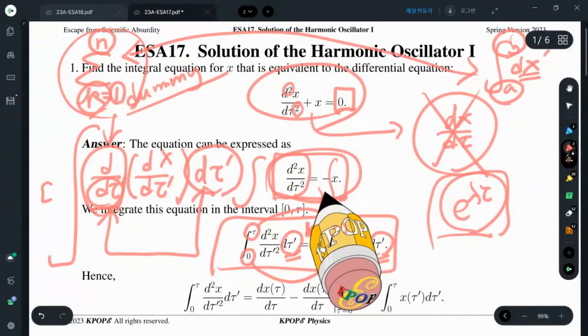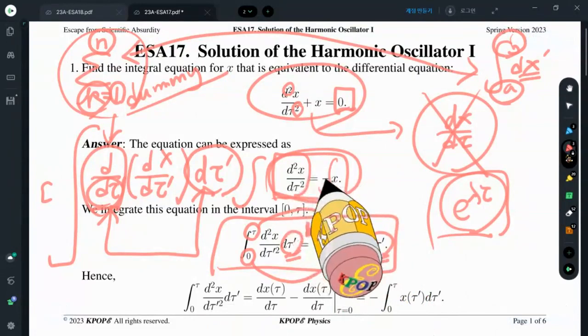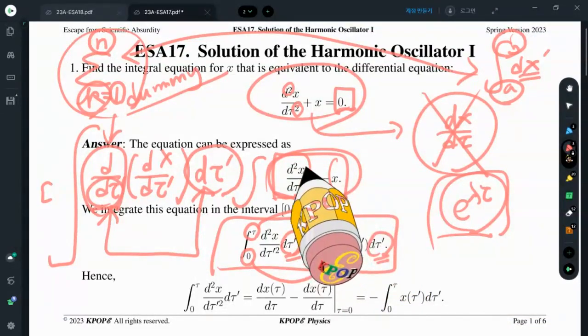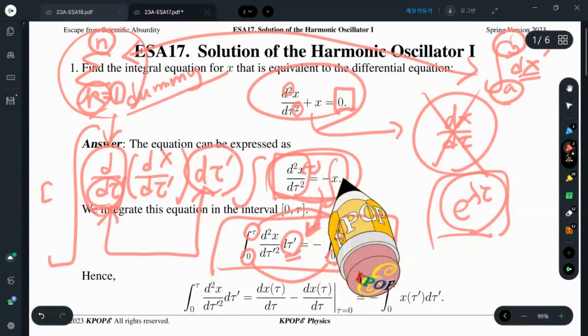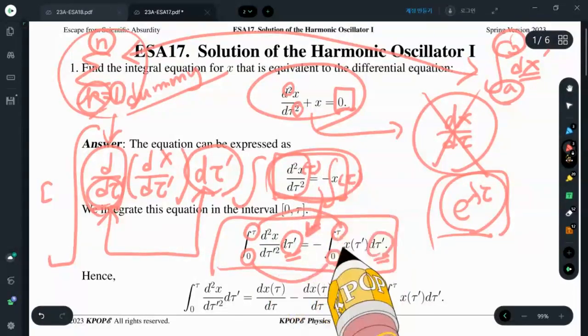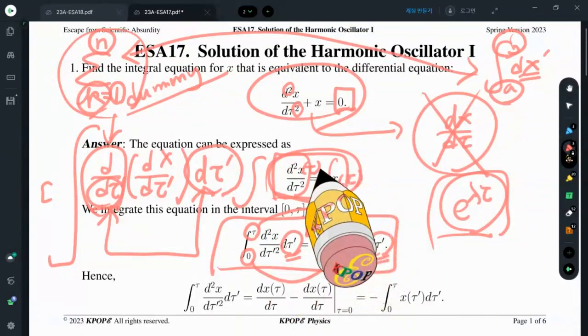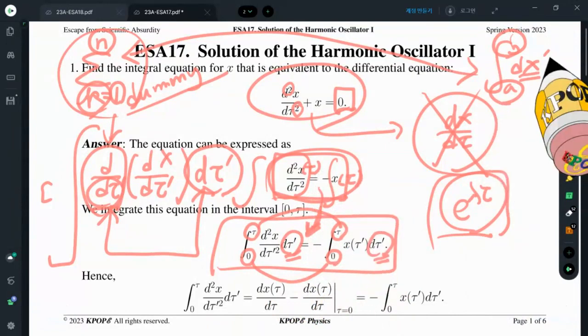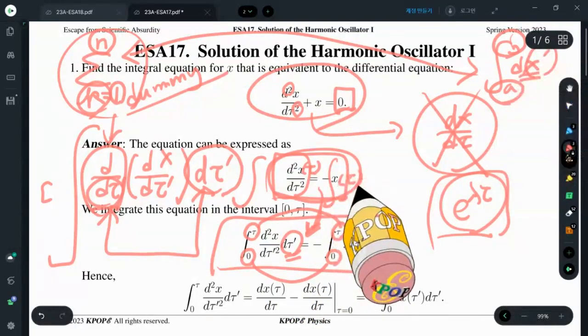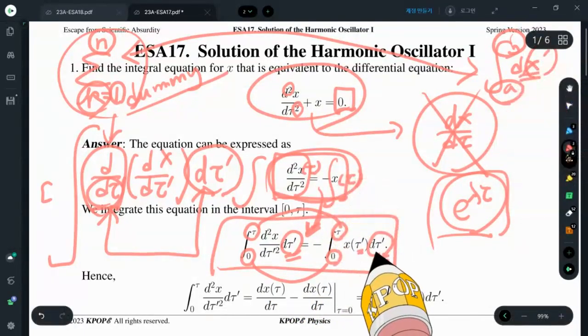Okay, and even though I wrote nothing after x, it is actually a function of tau. And during the integration, I would like to replace this time with the dummy variable that is integrated out.